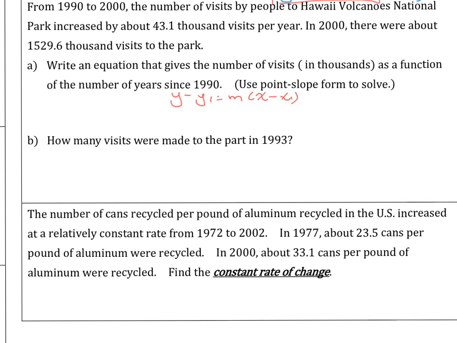Okay, because this may be your first time learning this, I'm going to take the time to explain what each variable represents. And in time, you don't have to write down so many details. Okay, so y here will be considered the number of visits. And x will be considered time, or number of years.